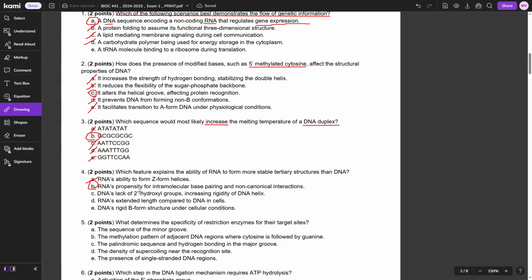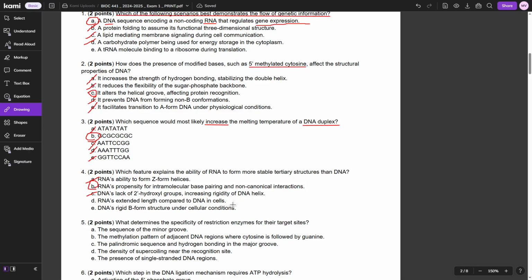That's one thing to keep in mind. So that also doesn't explain why RNA forms a more stable tertiary structure, right? Because that would suggest that DNA maybe actually forms a more stable tertiary structure because it doesn't have a 2' hydroxyl group and it can't hydrolyze itself. So that doesn't explain why RNA has a more stable tertiary structure. So I'll probably get rid of that one.